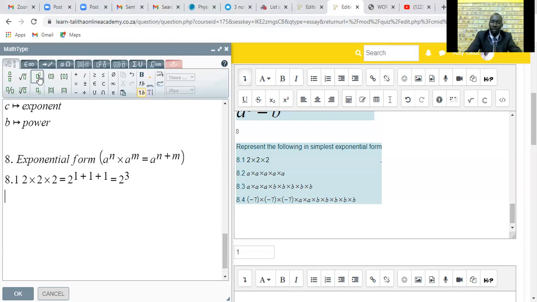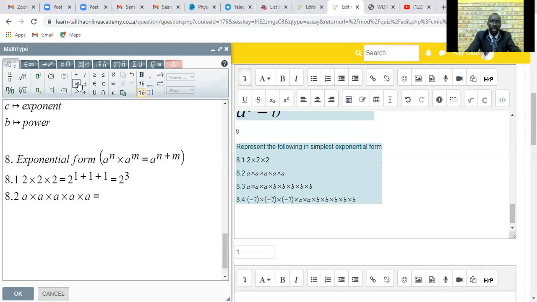And now in the next question, which is 8.2, we have A for the first time, A for the second time, A for the third time, A for the fourth time, and A for the fifth time. So A for the second time, then A for the third time, then A for the fourth time, in that state until we get A to the fifth. So how do we deal with this?